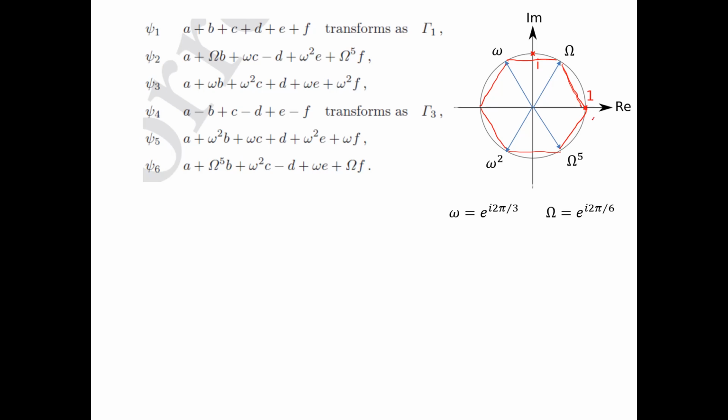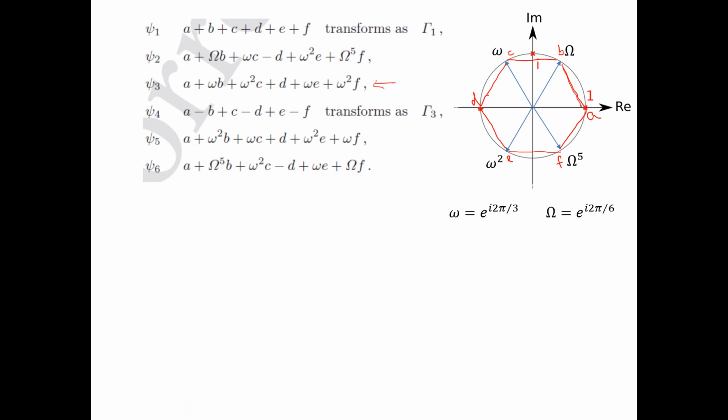This is A, B, C, D, E, and F. Now I can introduce a phase factor of omega between A and B, and between neighbors, and this gives me this combination. Now I can go around the circle with a phase factor of minus 1 between neighbors. This gives me A minus B plus C minus D, and so on and so forth.